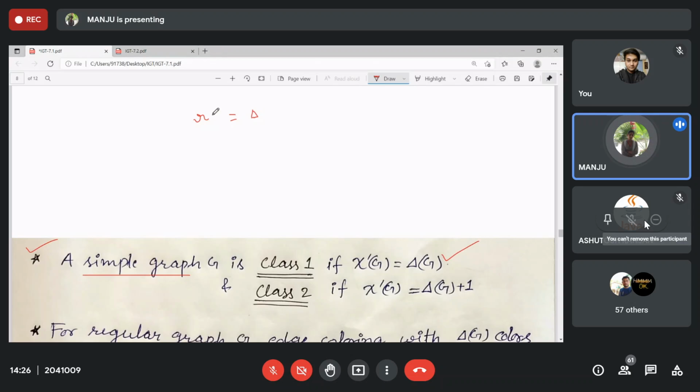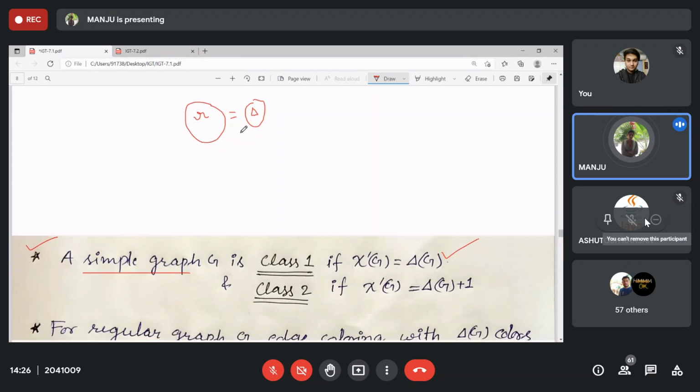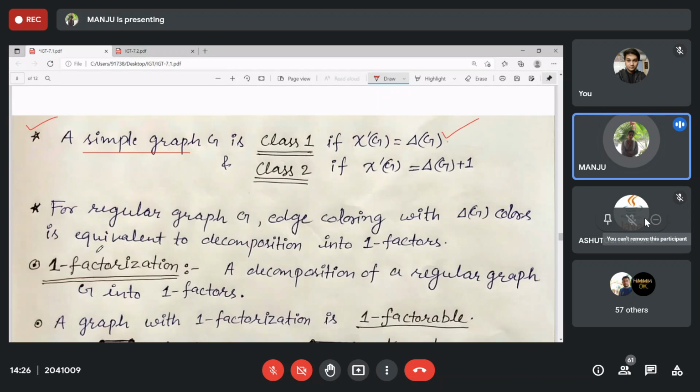So for a regular graph, coloring with r colors, or you can say coloring with delta colors, is the same as factorizing all the edges into r classes, right? And whenever you are able to decompose into r color classes, each forms a one-factor. Clear? This is known as a one-factorization.